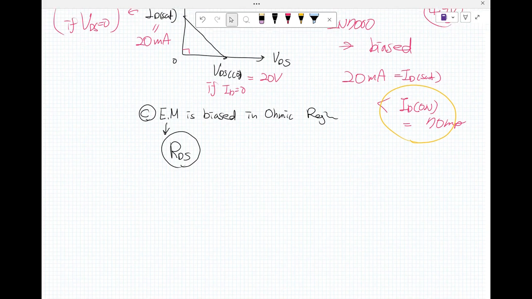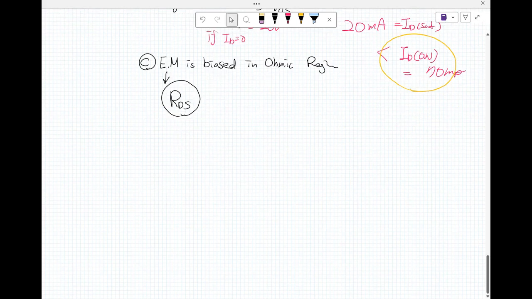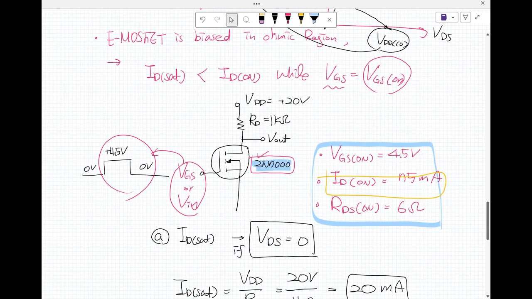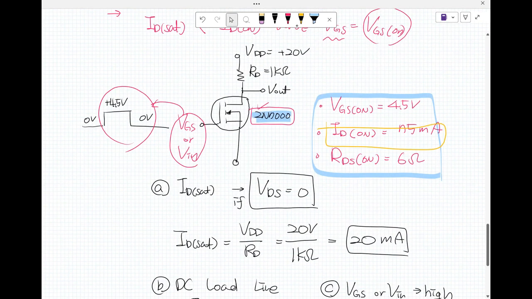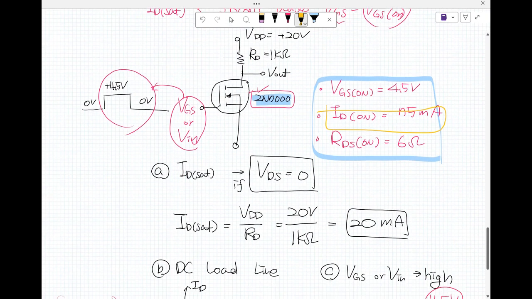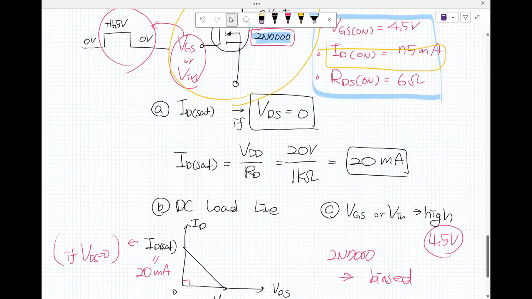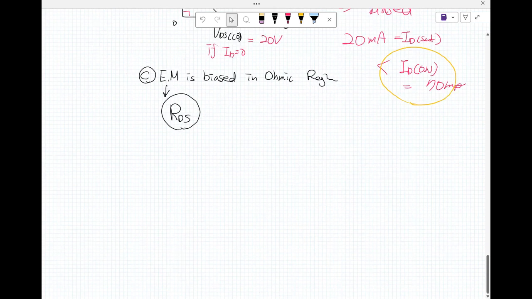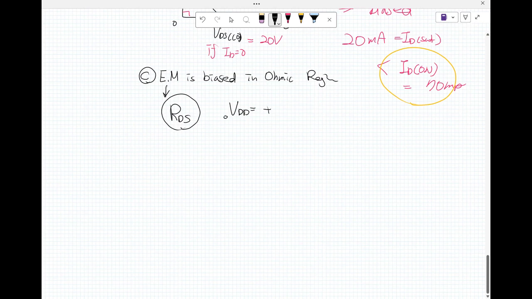So from the original figure like this one, we can reuse here V sub dd of plus 20 volt.